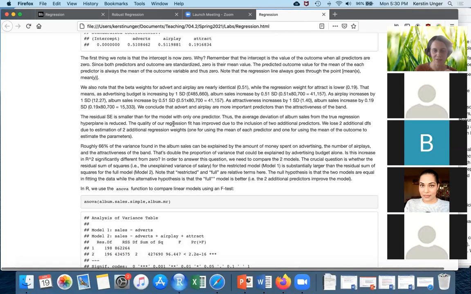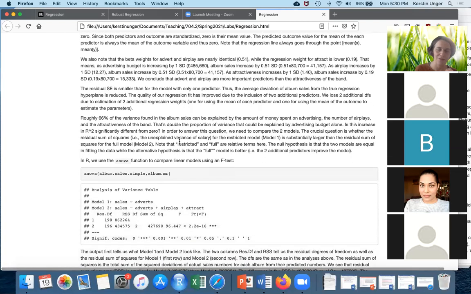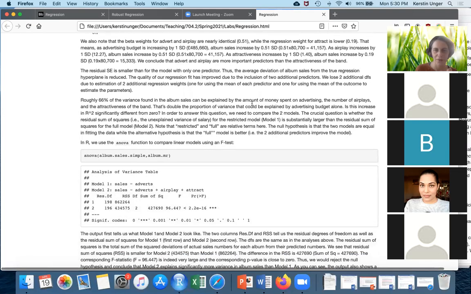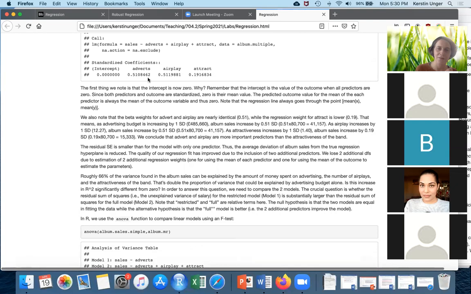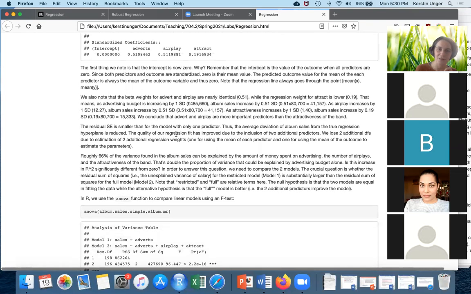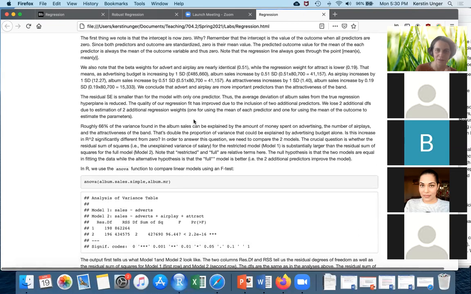All right, so this is just to repeat that concept of how standardizing the coefficients changes the interpretation of the regression coefficients.